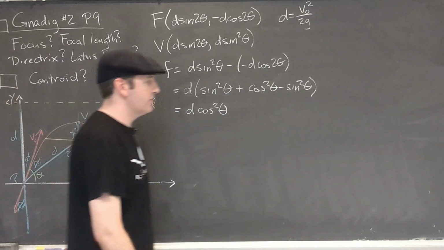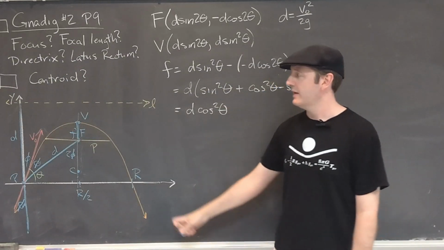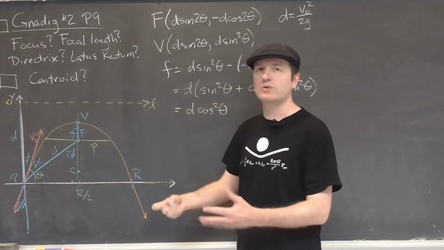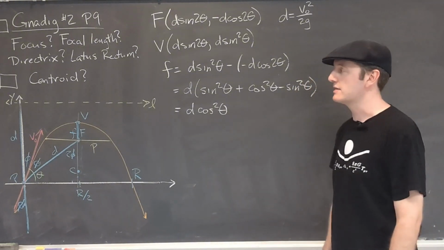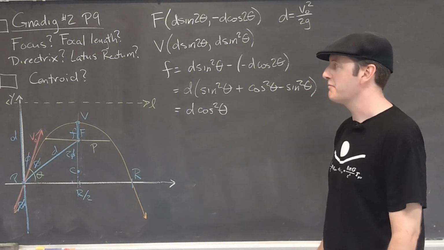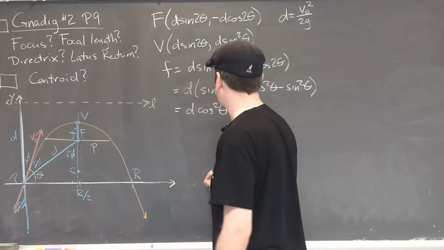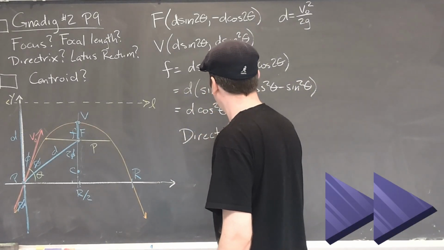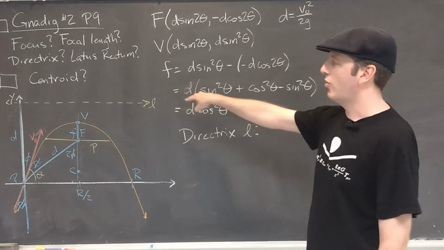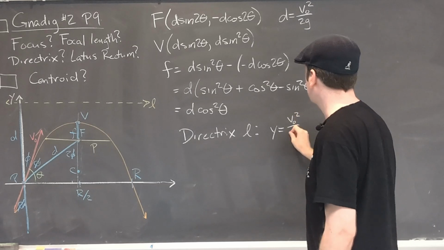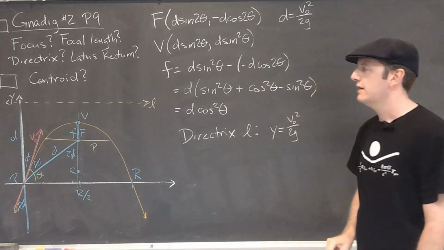Since we've already worked out that that distance was d, that means that this distance from point P up to the line, of course distance to a line meaning the perpendicular distance, must also be d. Well, then the equation of the directrix is very easy to write down. It's the horizontal line y equals d, or y equals v naught squared over 2g.